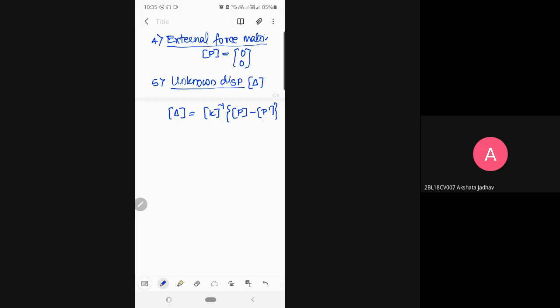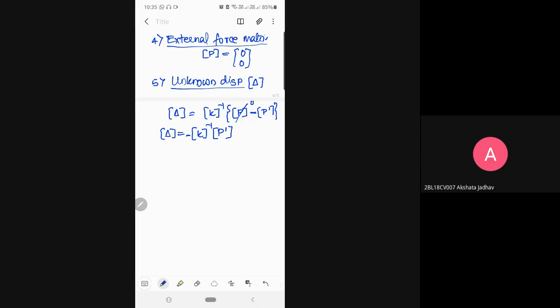Locking force is the negative of the fixed end moment, so therefore it is negative. Clear? Right now P is 0. So your equation will be delta is equal to minus of K inverse into P dash, because we have minus here.